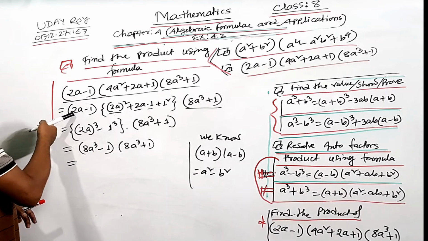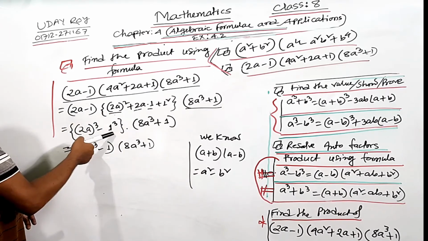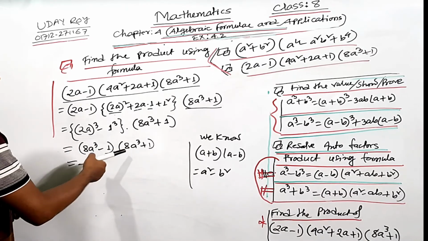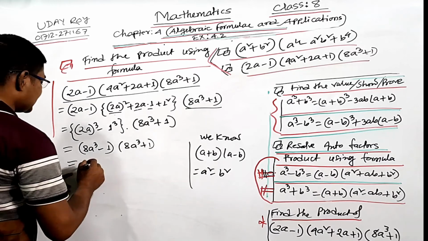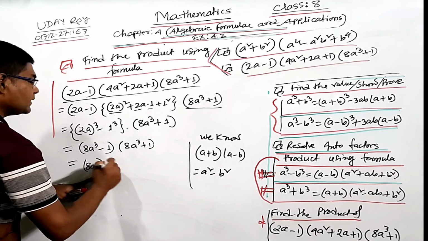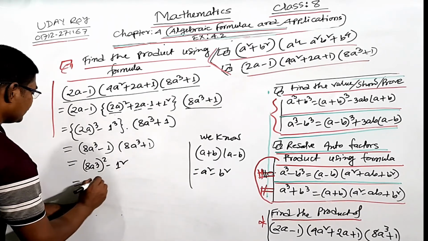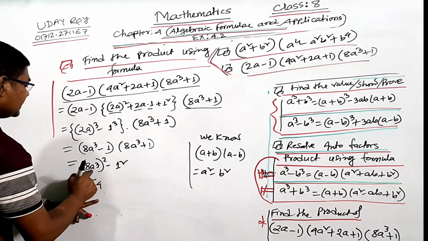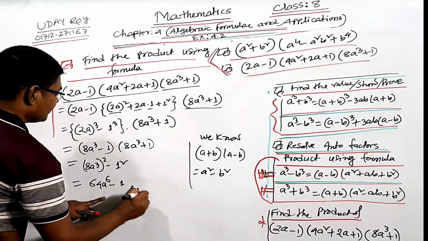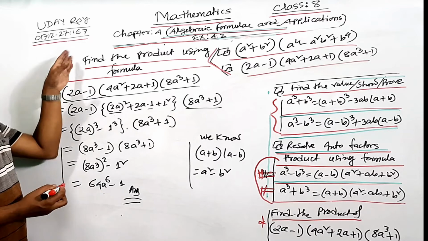So we have got 2a minus 1, 2a plus 1, and this equals a cube minus b cube: 8a cube minus 1, 8a cube plus 1. So a plus b into a minus b, we get a square minus b square. So we have got here a to the power 6 minus 1. This is the answer. So we have got the find the product.